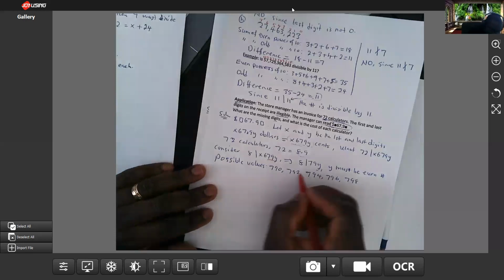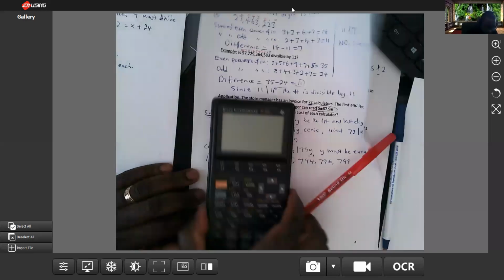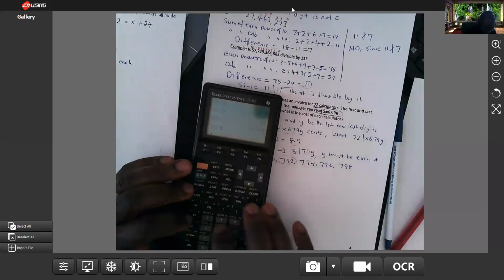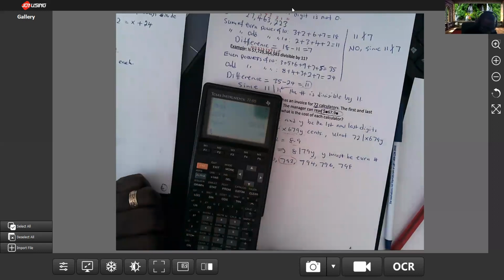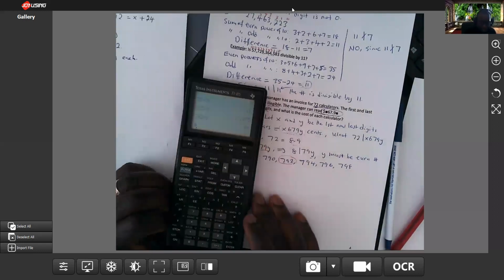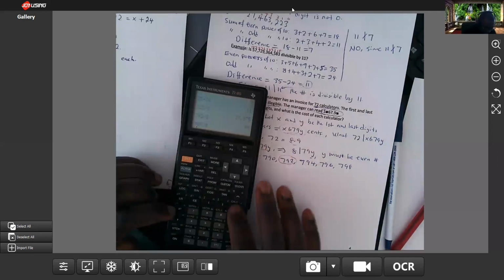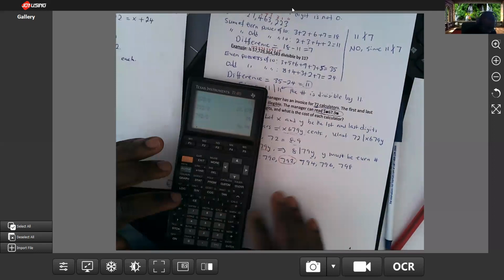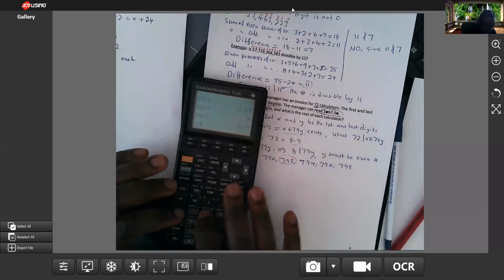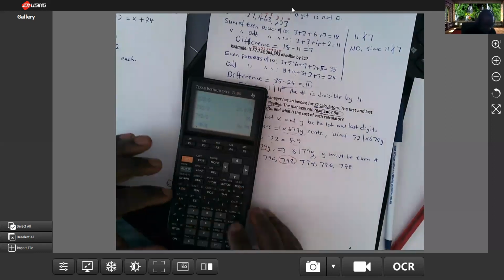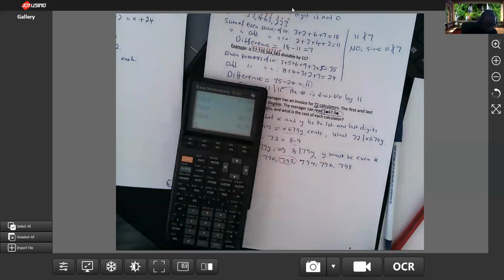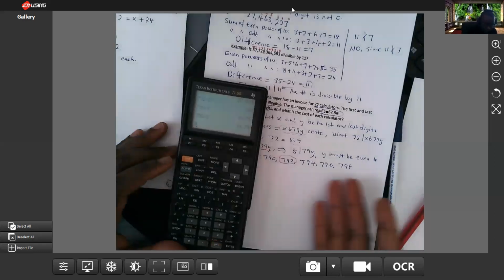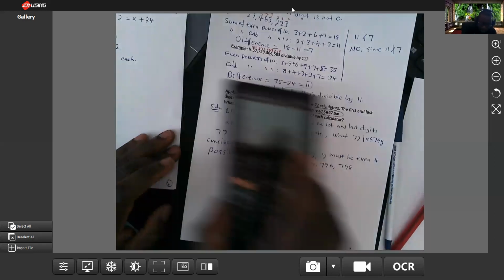If you check, 792 divided by 8 is 99. But if you check the rest, 790 divided by 8 doesn't go in evenly. As well, let's check the last one, 798 divided by 8 is 99.75. So none of them works except the number that I circled.